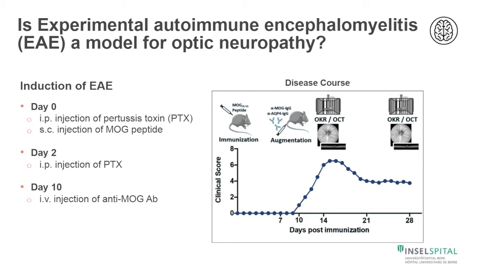Then at day 14 and day 28 after starting the experiments, we are going to measure the optokinetic reflex for visual function, and we are also measuring with OCT the thickness of the retina.